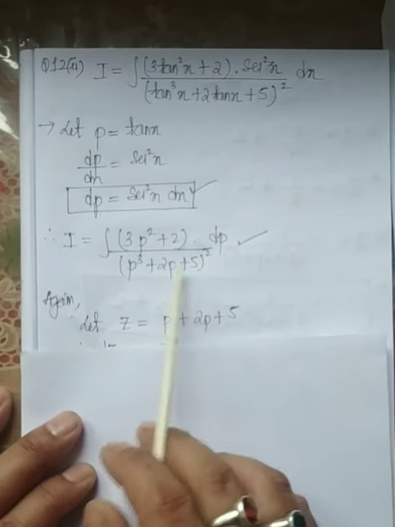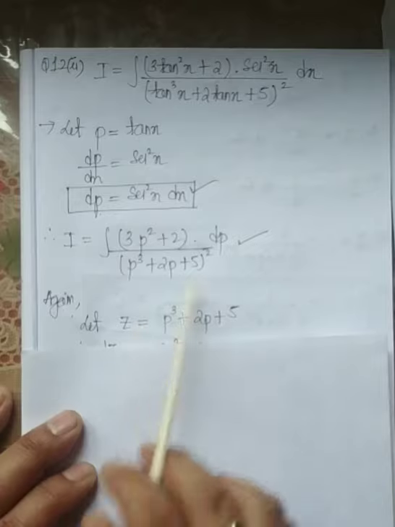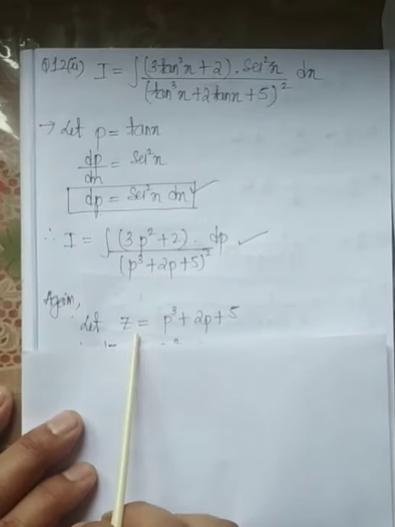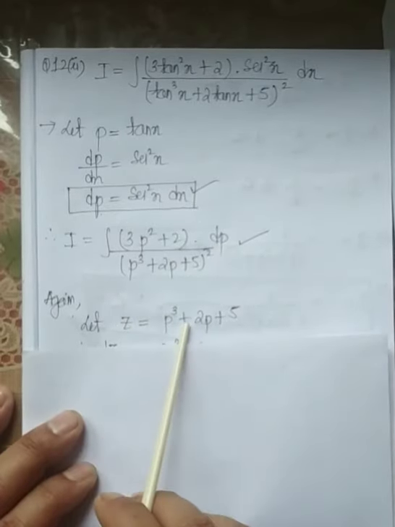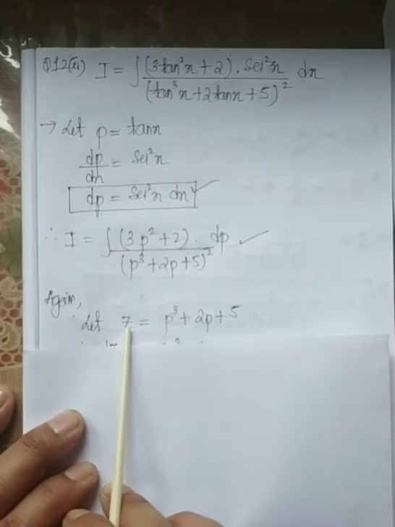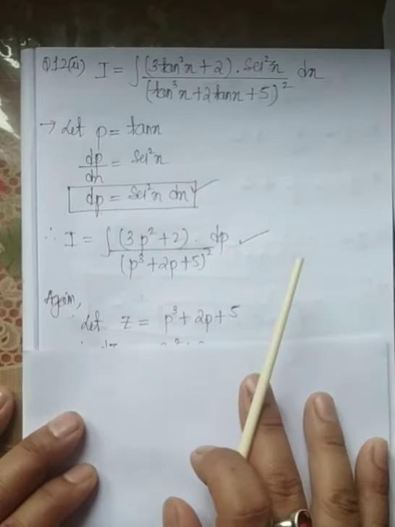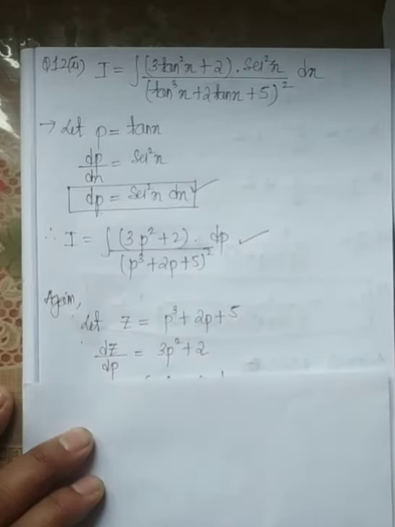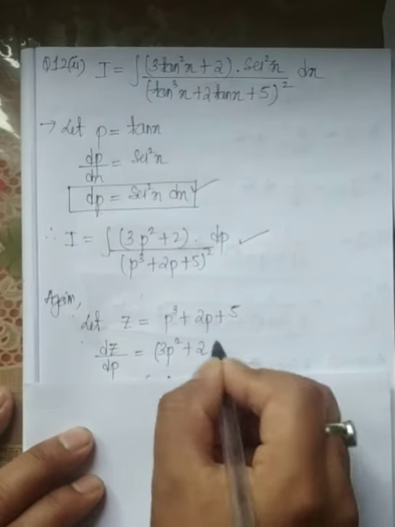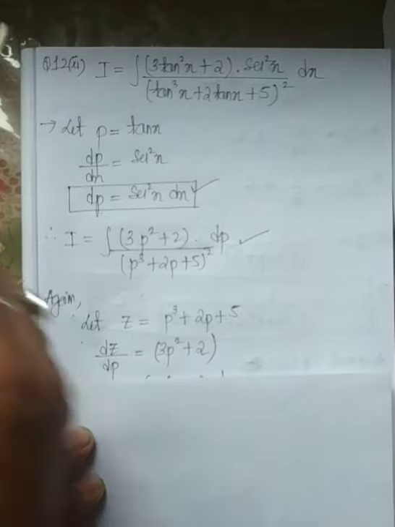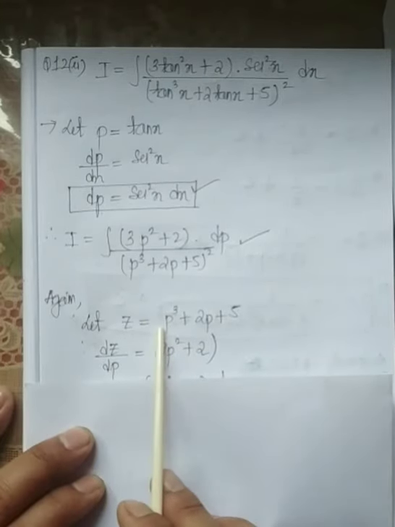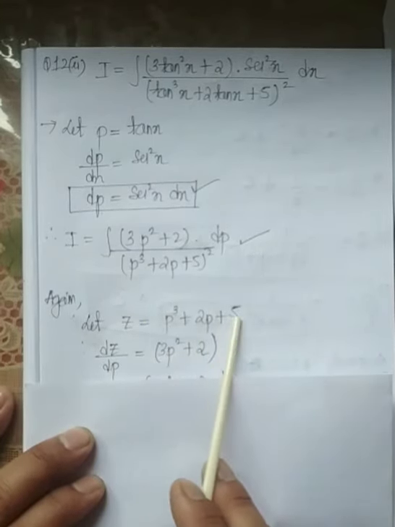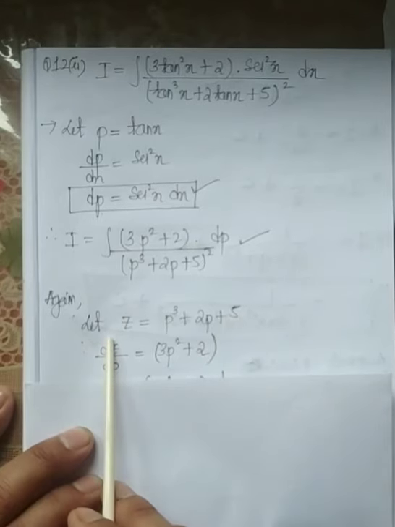So differentiate with respect to now p, not x, because z is in terms of p. So I need to differentiate z with respect to p. So dz by dp will be 3p square plus 2, which is the numerator, isn't it? Which is the numerator out here? Z is p cube plus 2p plus 5. So differentiate with respect to p.